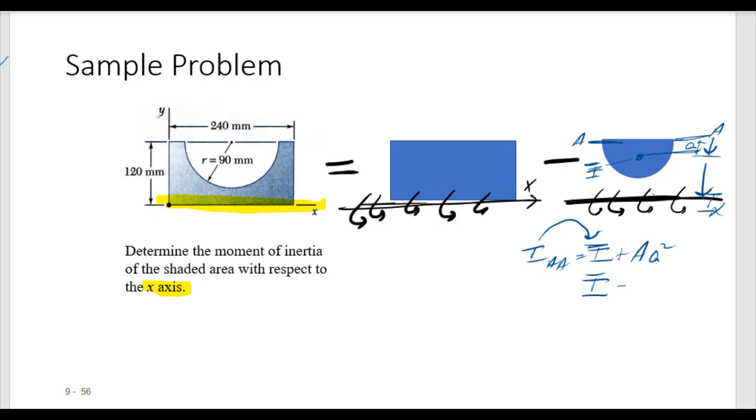So that centroidal axis is equal to what is given in the tables. And then we can go from the centroidal axis to our new axis that we actually want. And we can't go straight from A, because remember that parallel axis theorem we derived, it only works around the centroidal axis.